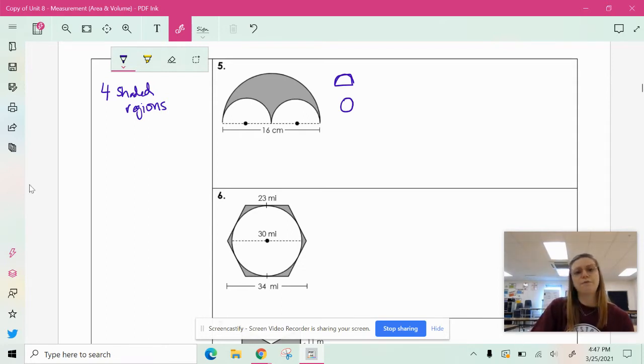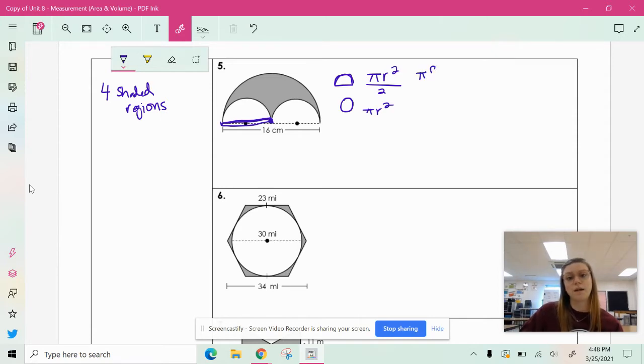For number 5, the shaded semicircle, we need pi radius squared divided by 2. And then for the regular circle, we use pi radius squared. Our diameter is 16, so the radius of the big one is half of 16, which is 8.